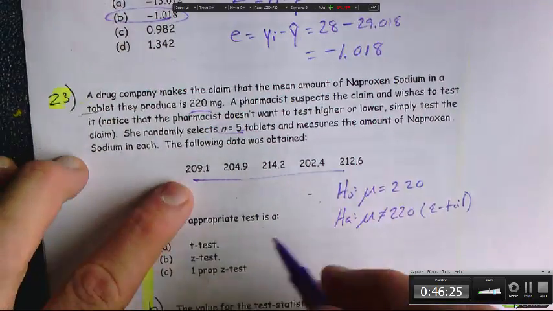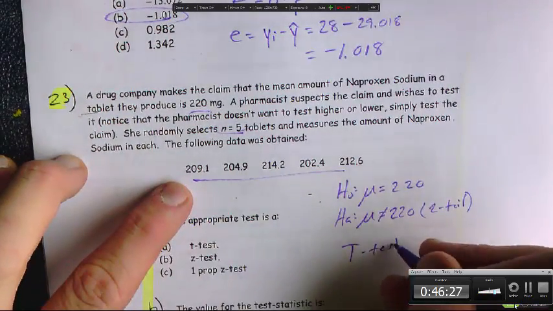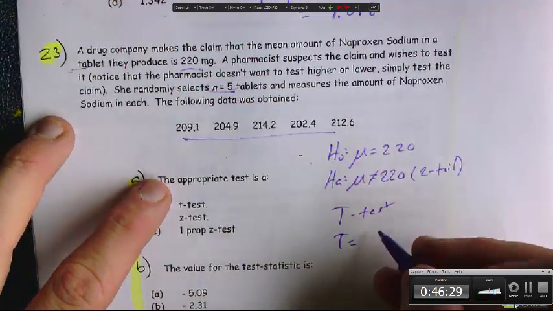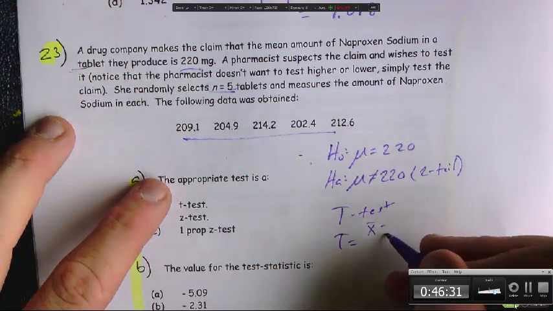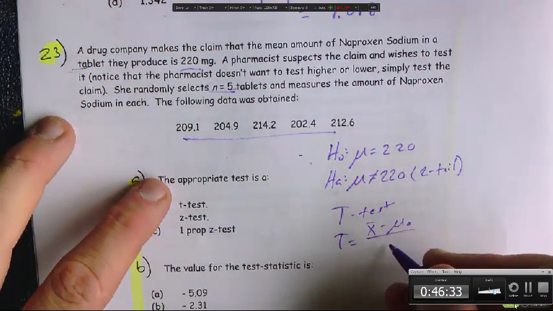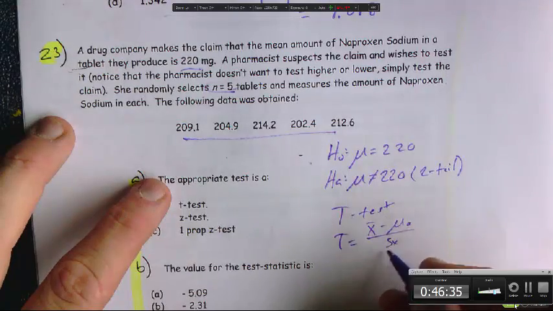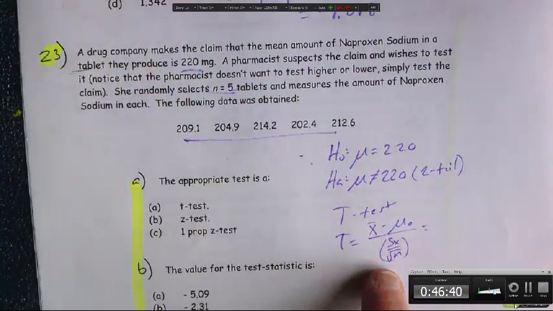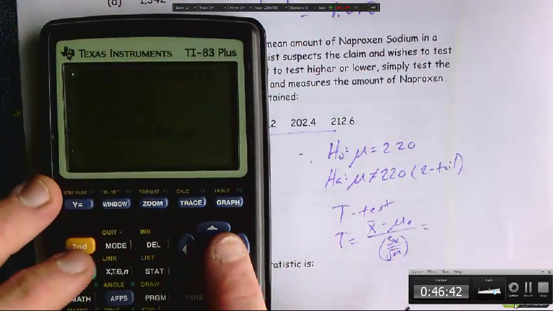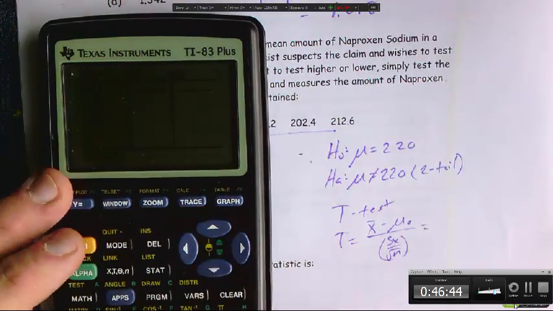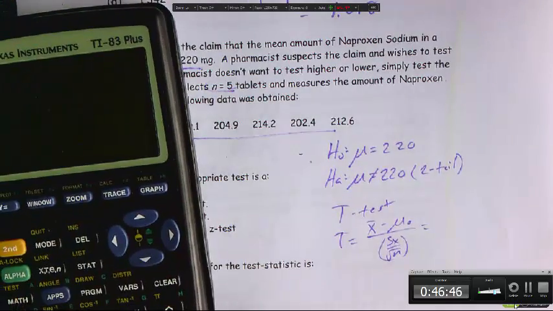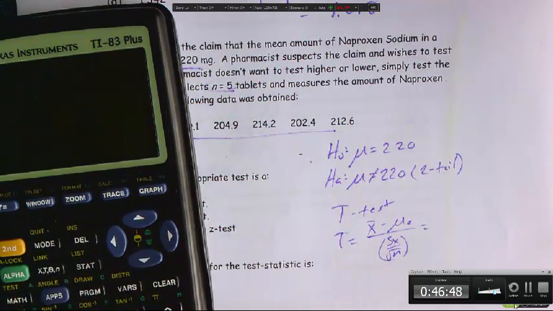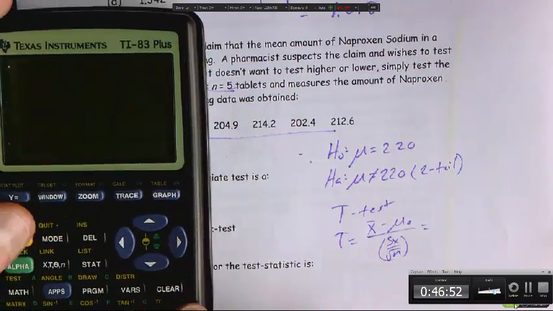Here they are. It's raw data, so this is going to be a t-test. So we're going to do t equals our sample mean minus the null mu divided by the sample standard deviation over square root of n. In order to get this information, we have to punch this in as a list. So we're going to edit our first list. Punching these in, 209.1, 214.2, 202.4, 212.6.